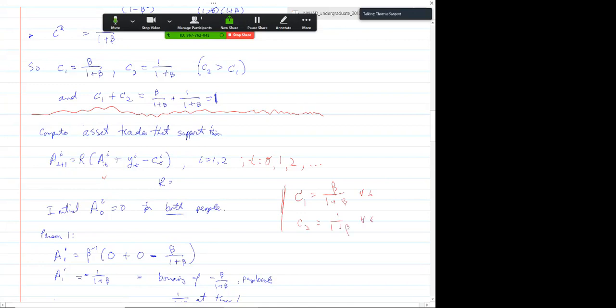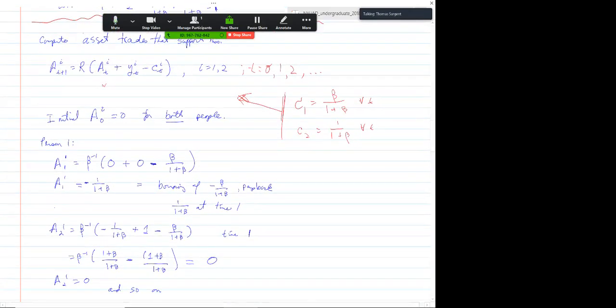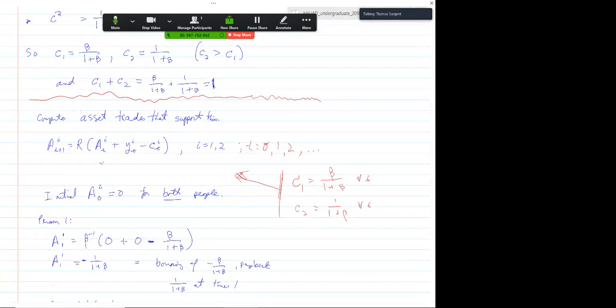So all we're going to do is substitute those two quantities, for i equals 1 and 2, into that budget constraint. Okay, so for person 1, when we substitute, we're going to solve for a sequence of a's. So that's what we're going to do.